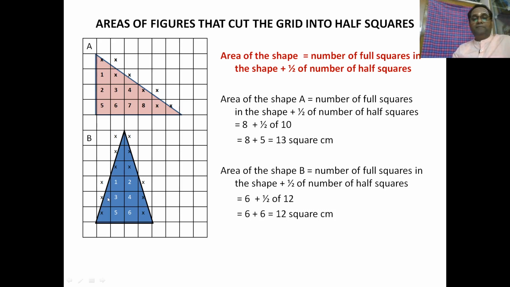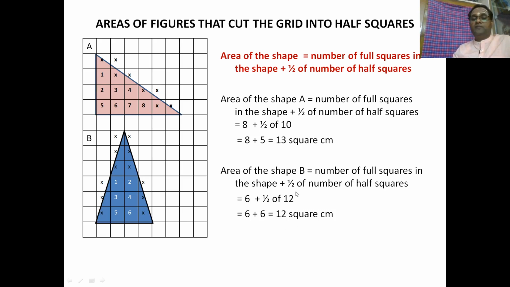Again, let us see here in this picture, that is shape B. You can see 1, 2, 3, 4, 5, 6 full squares are there, and number of half squares are 1, 2, 3, 4, 5, 6, 7, 8, 9, 10, 11, 12.